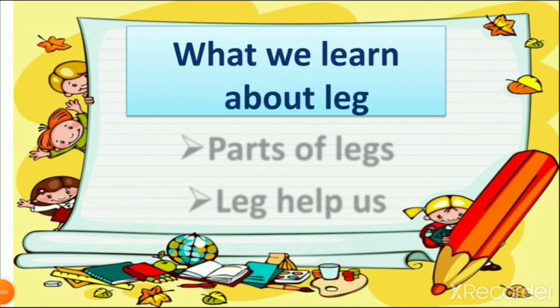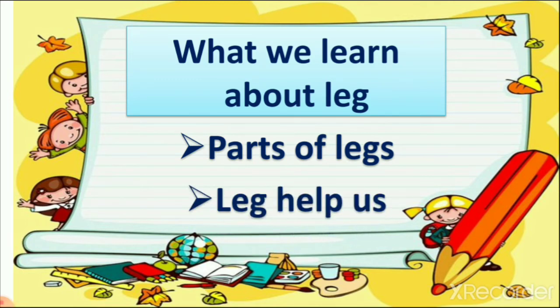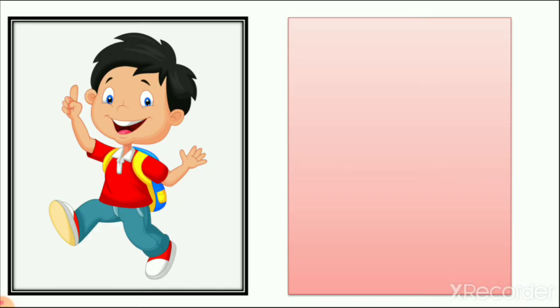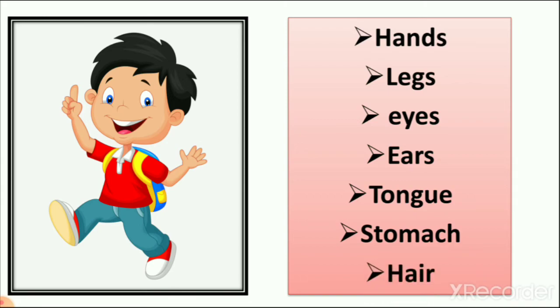So what do we learn about leg today? The parts of legs and how legs help us. Today we learn about the parts of leg, that there are different parts in leg also, like hand, and how leg helps our body, right? So first we write the names of the parts of our body: hands, legs, eyes, ears, tongue, stomach, and hair.